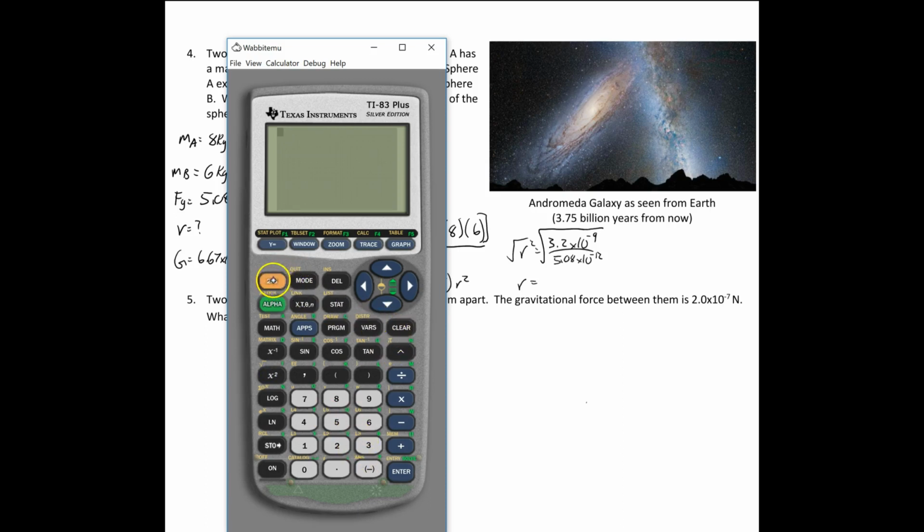So open parentheses, 3.2 e negative 9 end parentheses divided by 5.08 e negative 12 gives you your answer: 25.1 meters.